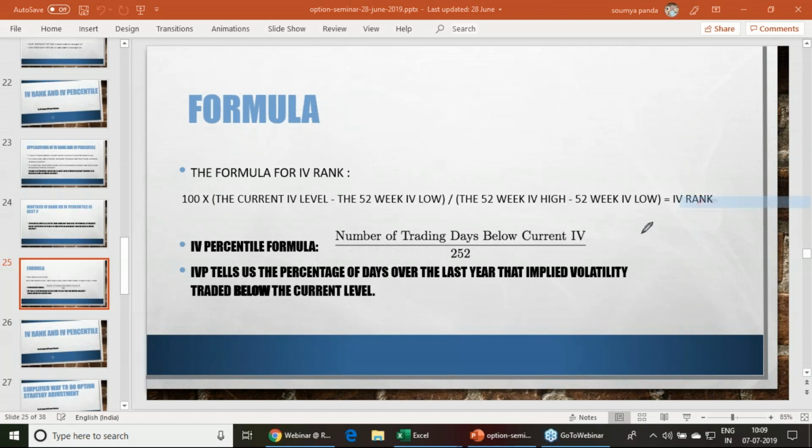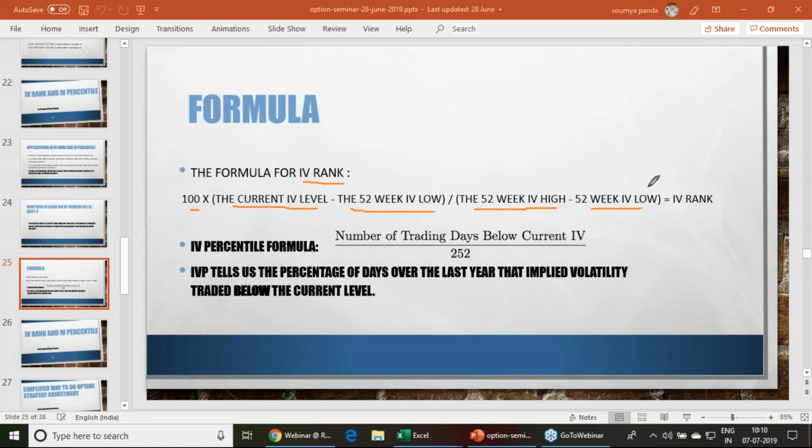Closely look into the formula. IV rank is 100 multiplied by the current IV level minus the 52-week low IV, divided by the 52-week IV high minus the 52-week IV low.